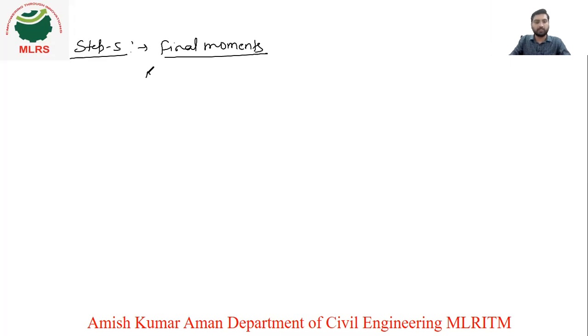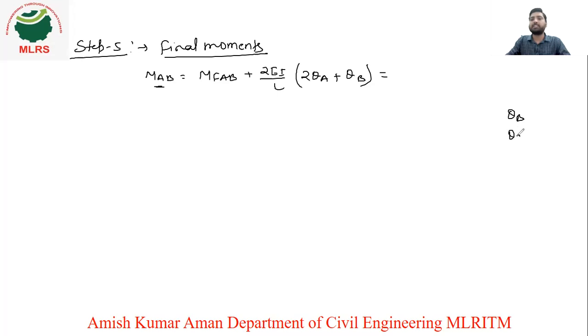If you are calculating MAB, the final moment formula will be MFAB, the fixed end moment of AB, plus 2EI upon L into 2 theta A plus theta B. Because we don't have theta A value, we have only theta B, theta C and theta E values, right? Except for these, theta A and theta D are 0.